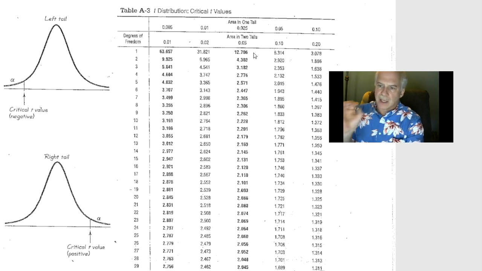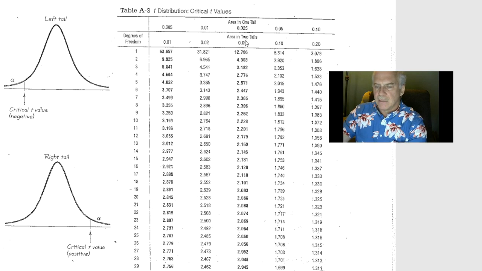So if you had a 95% confidence level, alpha would be 0.05, and confidence intervals are always two-tailed. They're always two tails. So we're going to look at the area in two tails of 0.05. That would be the middle column. All right? And then whatever your degrees of freedom is, that will determine your row.